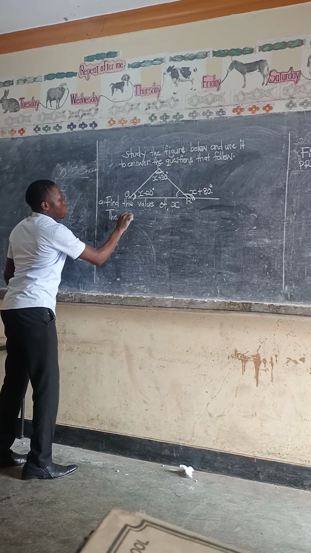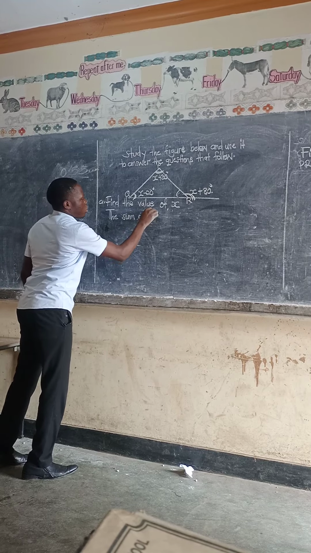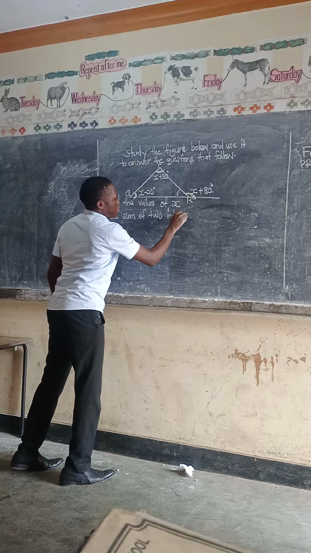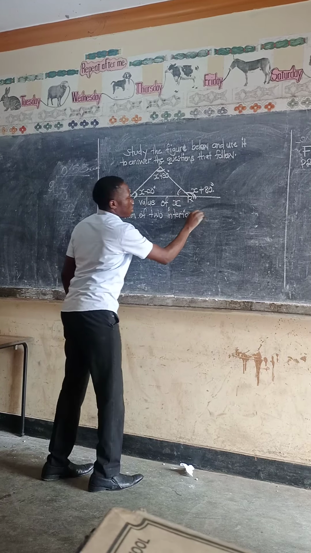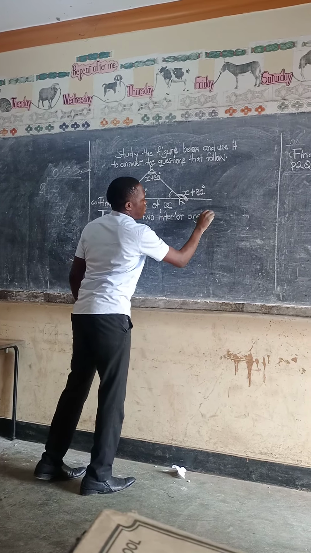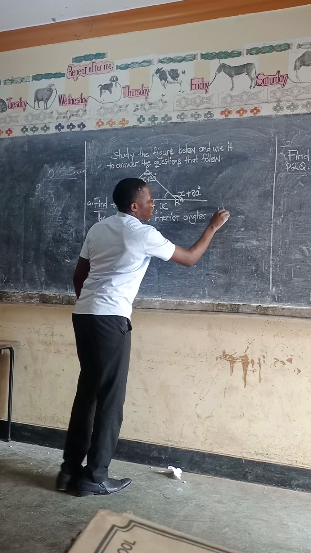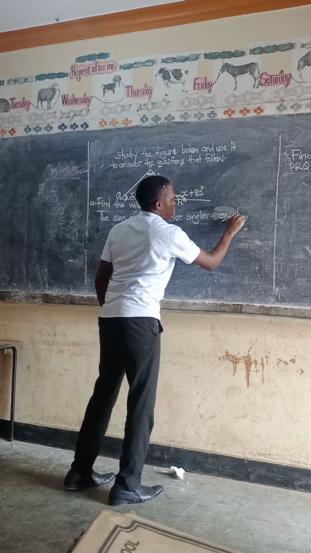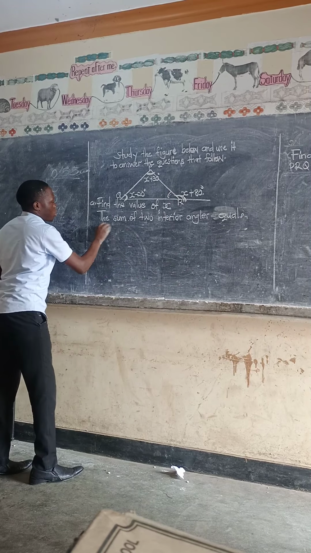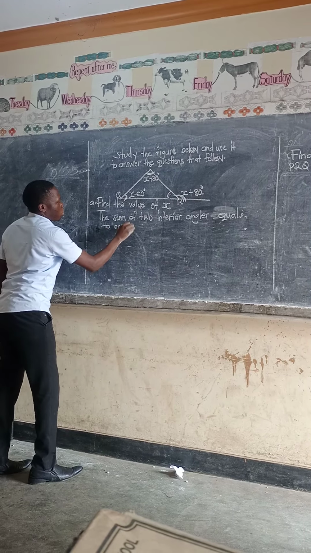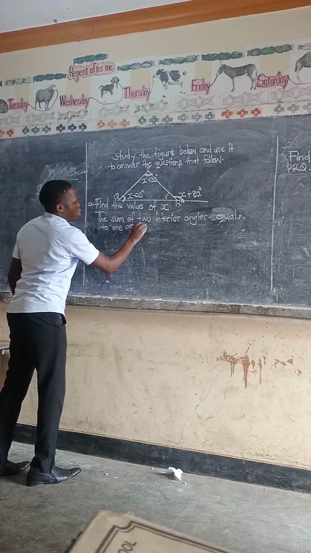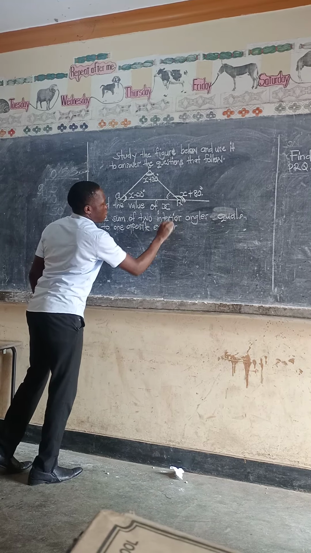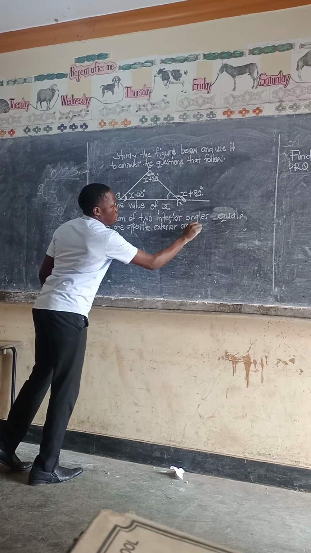the sum of two interior angles equals one opposite exterior angle.